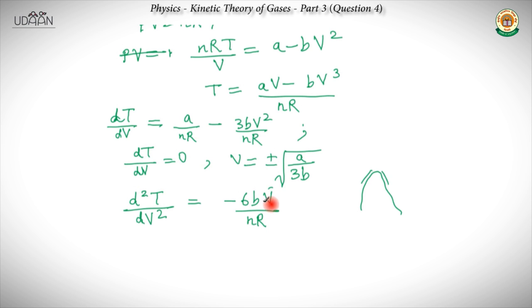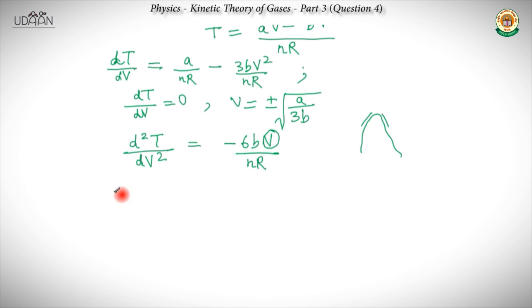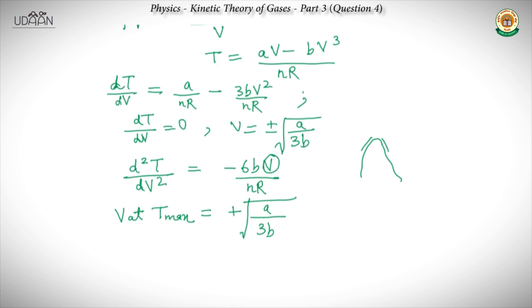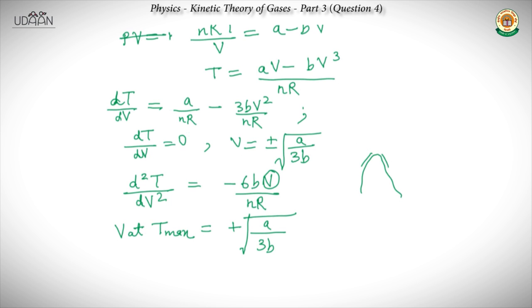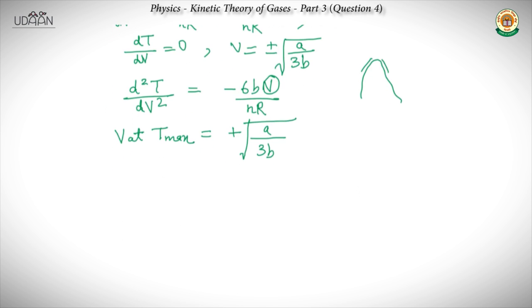So if we substitute V positive, we get d2T by dV2 as negative, and hence we find the volume at Tmax is plus root A by 3B. And by the way, there was basically no logic of substituting a negative one also, because there is nothing like negative volume. So we could have done it like that too.